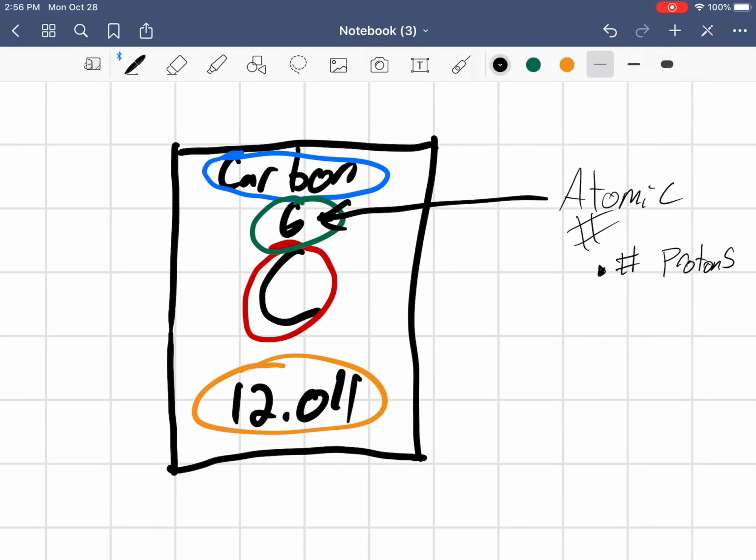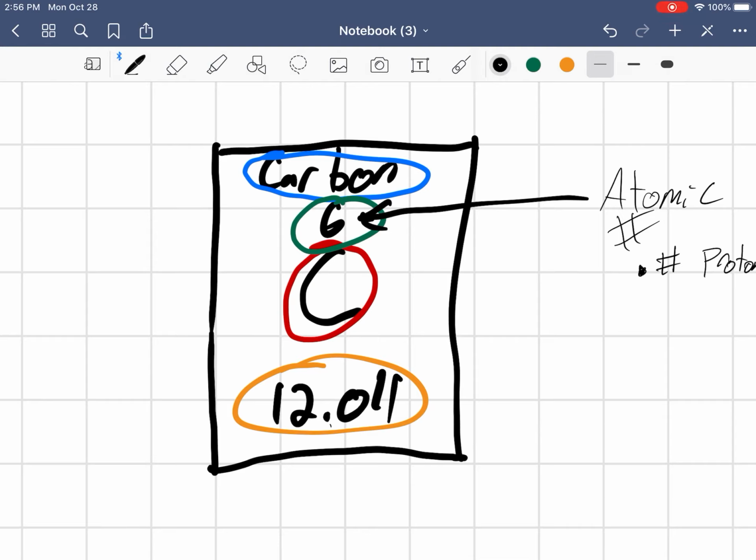Well, that's the atomic number. Okay, this number over here is the atomic mass, and it's represented by the total mass of the atom. Now, if you remember from our lesson about subatomic particles, we learned that the mass all comes from the protons and neutrons. So this is the number of protons plus the number of neutrons.